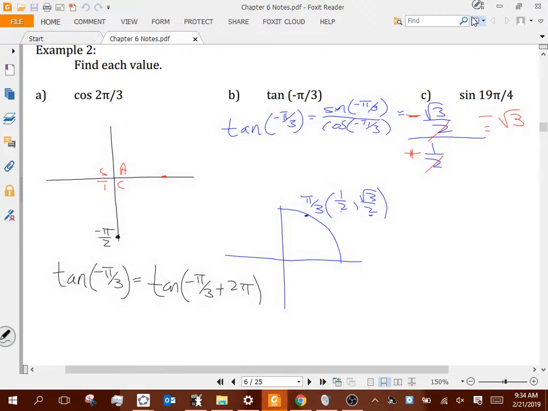Yeah, if I add 2 pi to it, that just gets me back to a coterminal spot. When I add 2 pi, that evaluates to a positive angle. That 2 pi is 6 pi over 3, so this will give me 5 pi over 3.